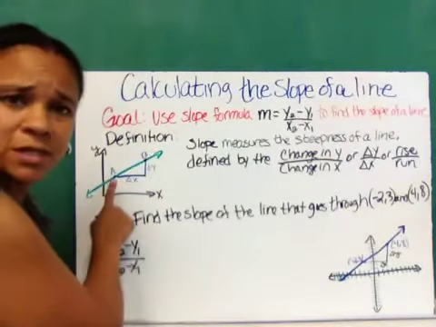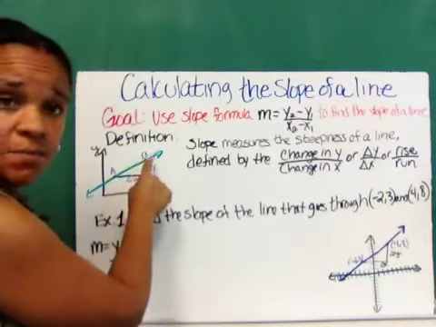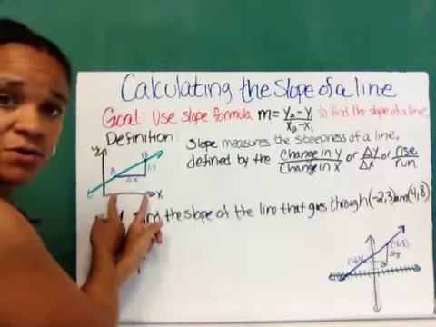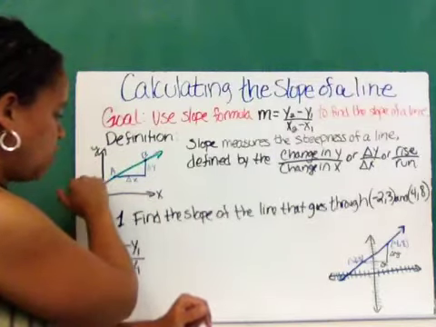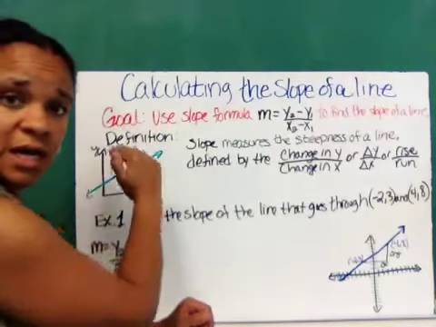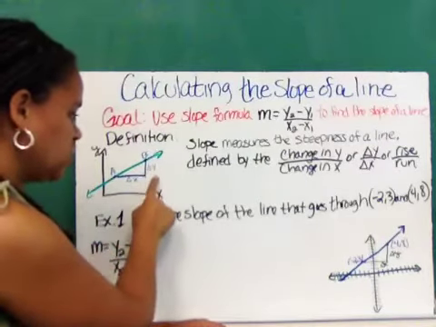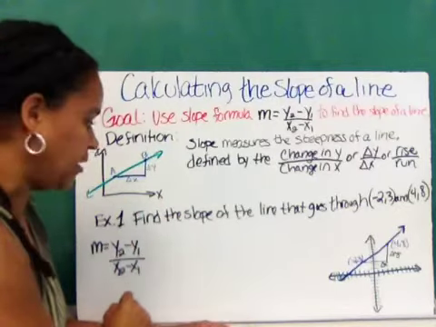If we're trying to go from A to B, on the x-axis, this would be our A value, this would be our B value. So we're saying, how do we change? And on the y-axis, the A value for the y would be here, the B value would be here. So we're saying, how much higher did we go? So it's the change in y divided by the change in x. And that's how we're going to be calculating it.